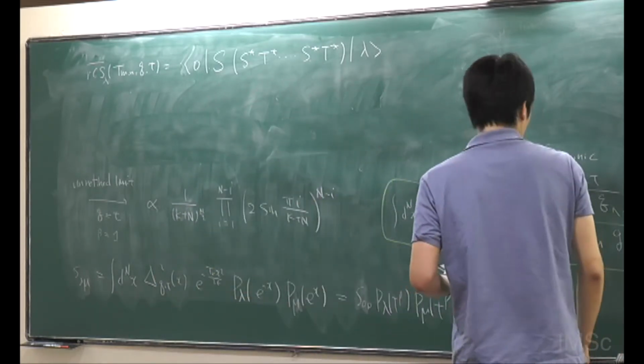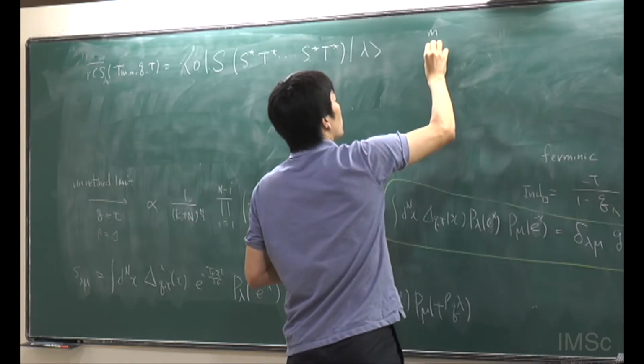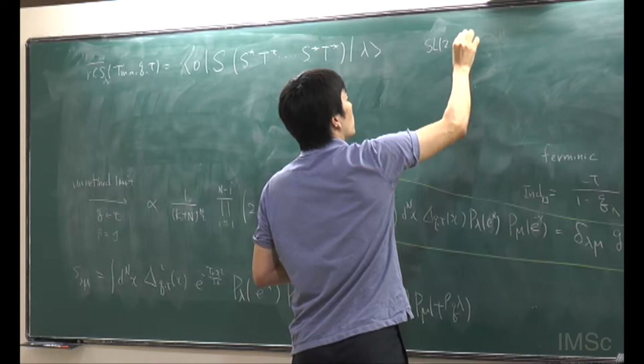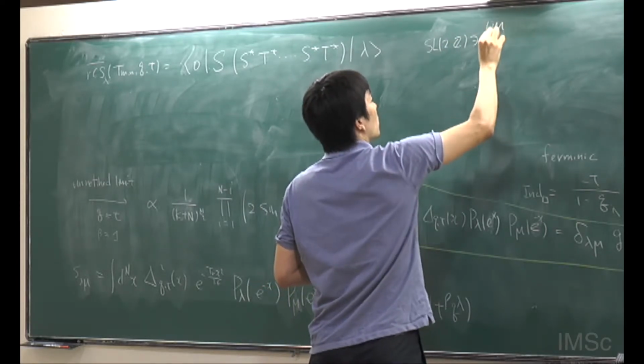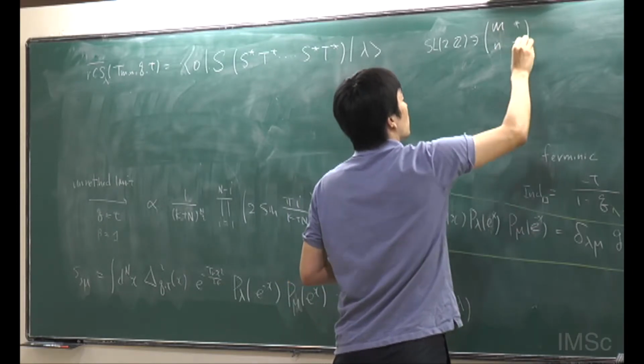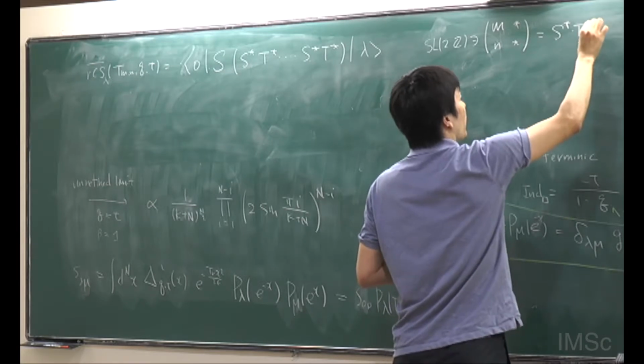That's what I already explained to you. So here I just write down the SL(2,Z) matrix, which is written by the multiplication of S and T matrix.